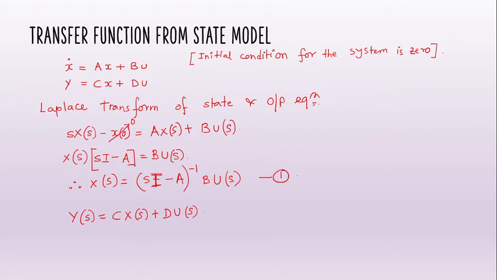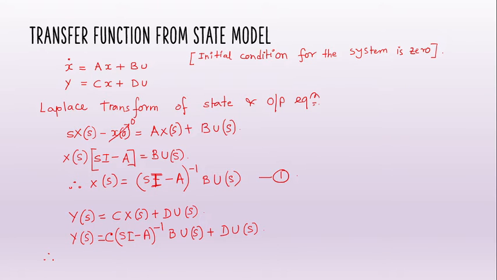Here, if I put the value of X(s) from equation 1, my output will become C (sI minus A) inverse B U(s) plus D U(s). Now we have to get the transfer function, so it will be Y(s) upon U(s).